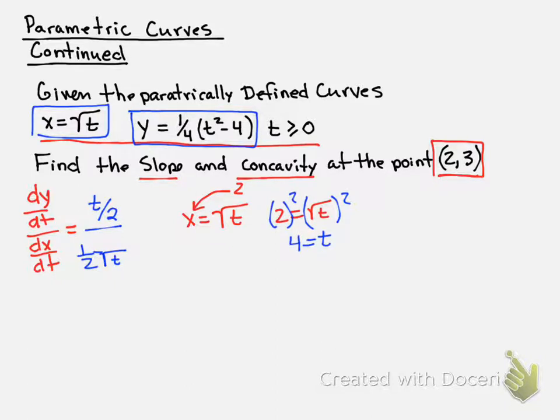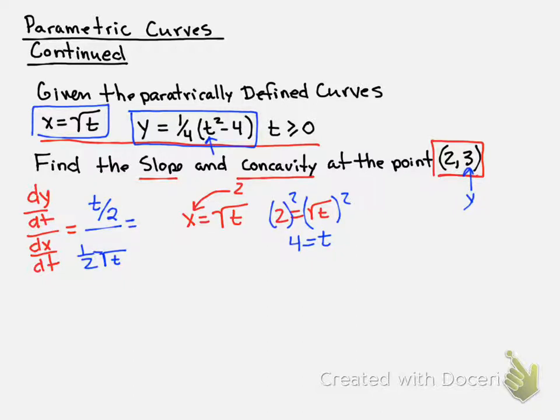Just to make sure, let's plug in 4 here. When I plug 4 into the upper equation, 4 squared is 16. 16 minus 4 is 12, and 12 divided by 4 is 3. So that gives us the y-coordinate that we know we should have. So we know t is 4.